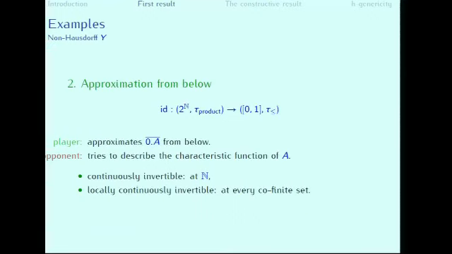We have a very similar phenomenon when the player describes a sequence of rational numbers converging from the left, and the opponent again has to describe A, and we have exactly the same phenomenon.